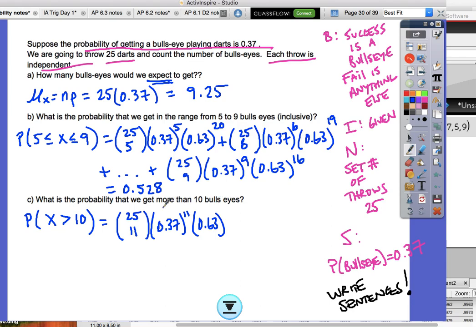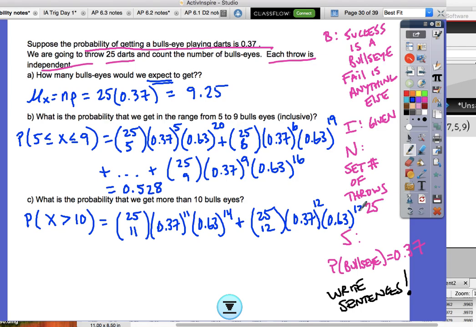And remember, you have to show the first. So this is the first. We have to show the next. So if 11 is the lowest, then 12 would be next. So 0.37 to the 12th, 0.63 to the 25 minus 12.